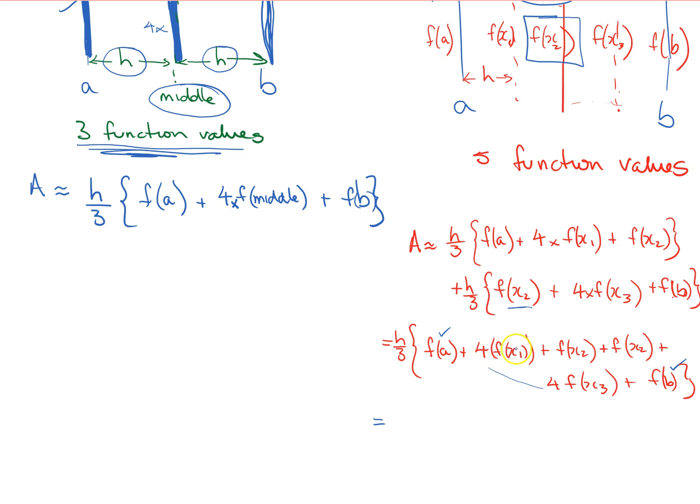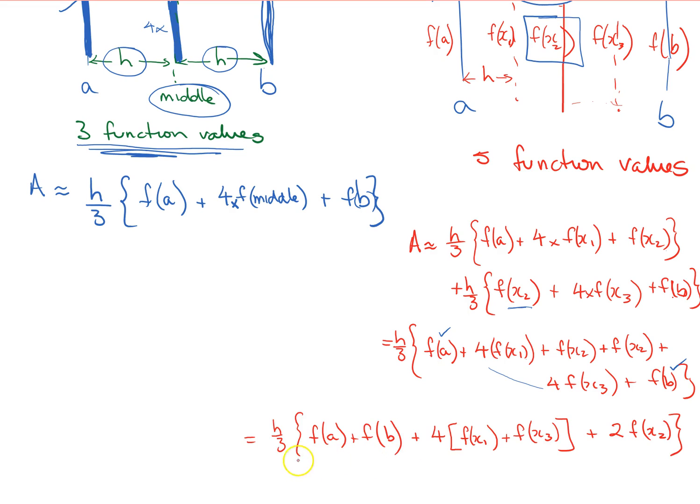So there's 4 times the function value at x1 and 4 times the function value at x3. And we do end up with 2 lots of the function value at x2. Let me write that up and show you what that looks like.